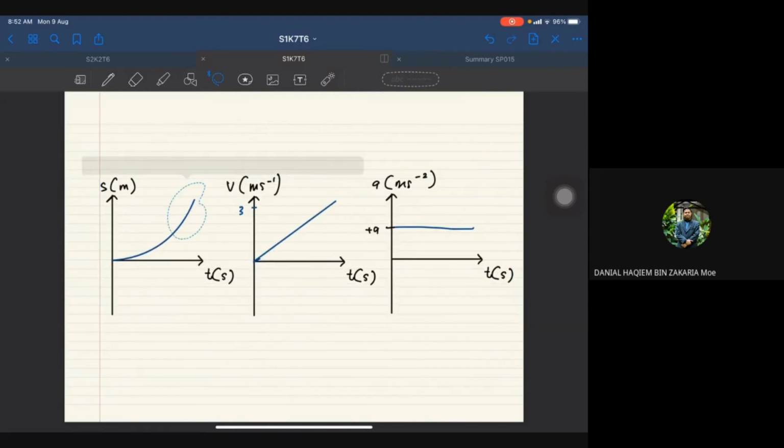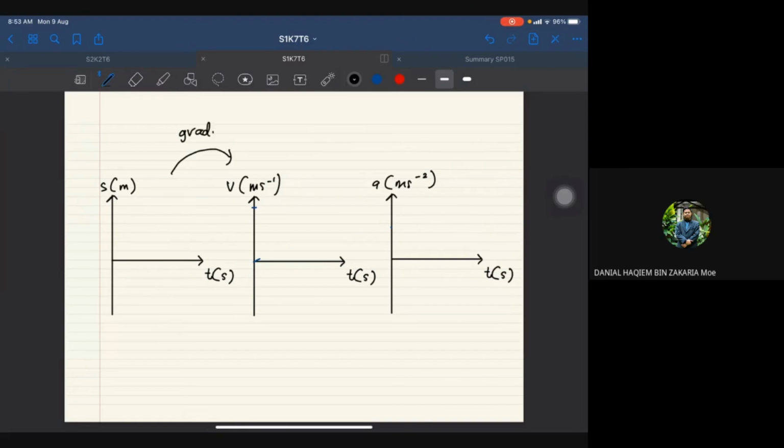Okay, going back to this graph. Okay, so some of the important parts here is that if you have a graph S against T, you can calculate the values of velocity by finding the gradient.